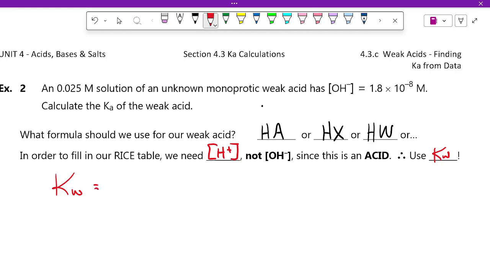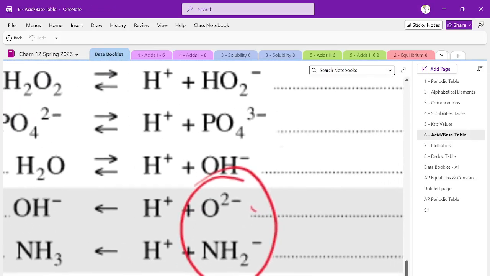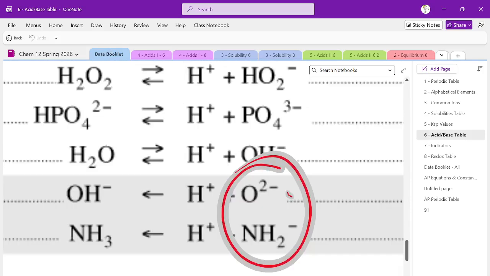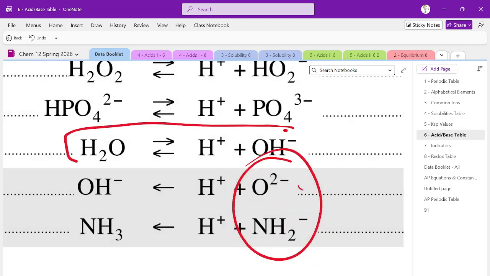KW is a K value. Do we use plus in K values? PKW is adding, but this one is, you don't need to memorize it because it's in your data booklet. What is the KEQ expression for this? Expression means the square brackets, and what goes in the square brackets?